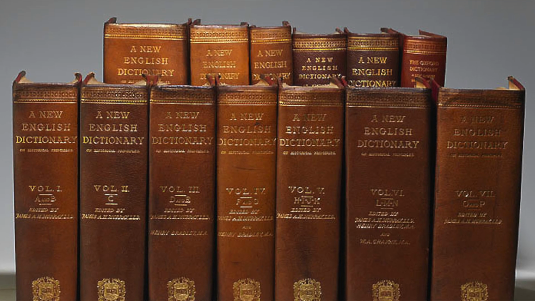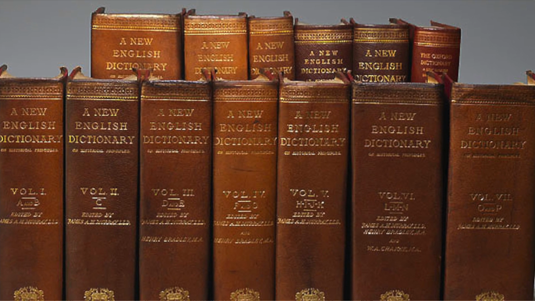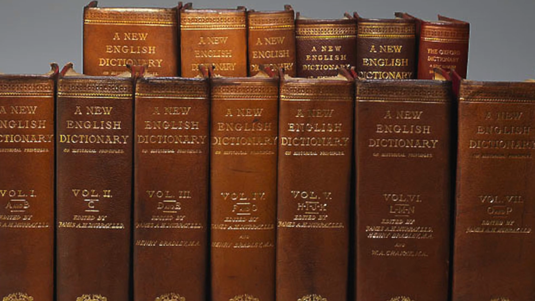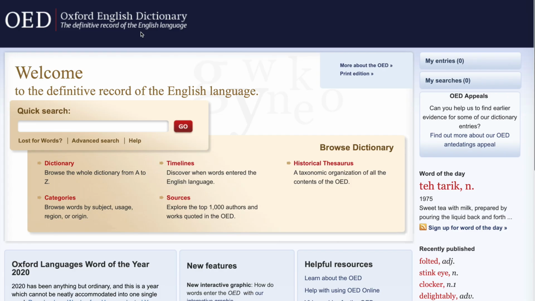The Oxford English Dictionary is a dictionary that was proposed in 1857. It took the proposers at Oxford 27 years even to get the first little bit of the dictionary out, right? It turned out that to make a dictionary that has a full record of the English language is quite difficult and challenging because, as we're learning, language changes significantly over time.